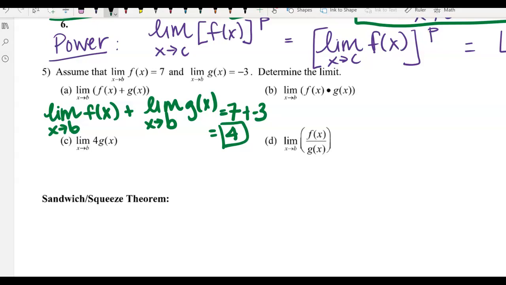Talk to each other. Share the answers. Okay, so we got 4 for A, for B I got -21, for C I got -12, and for D I got -7.